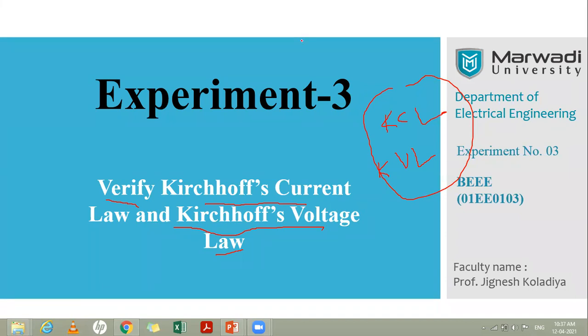The source voltage is equal to the sum of all voltage drops. Okay, that is for KVL. And current leaving the node is equal to the current entering the node is for KCL. Very good.